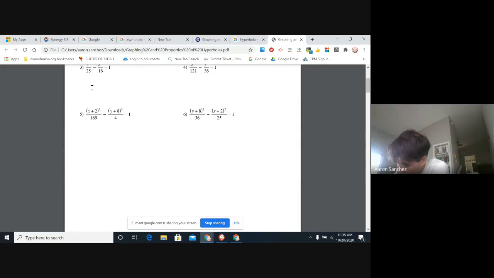Okay, so our equation is (x plus 2) squared all over 169 minus (y plus 8) squared. I might not even be able to fit this, so I might just have to draw a picture. That's pretty big.